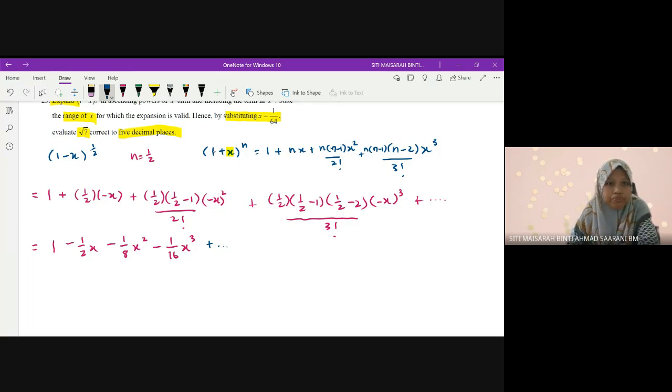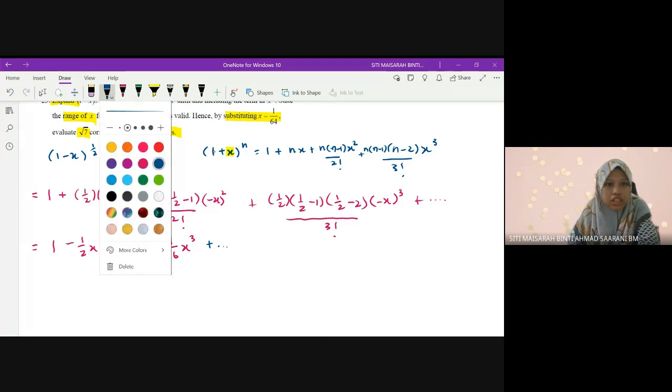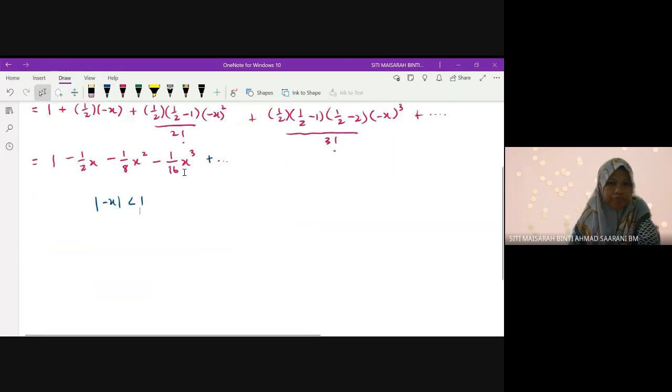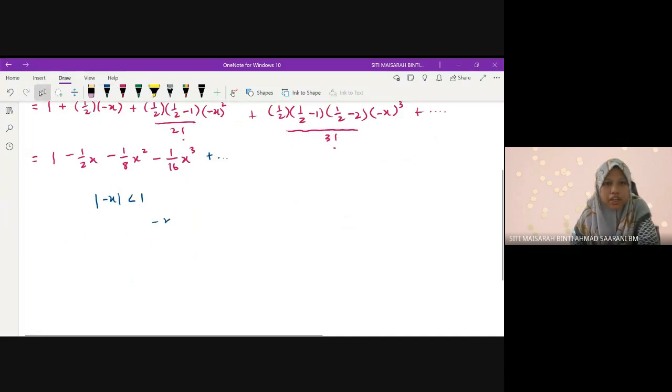So the range of x is: absolute value of negative x less than 1. So this one is negative 1 less than negative x less than 1. So negative x more than negative 1 and negative x less than 1.